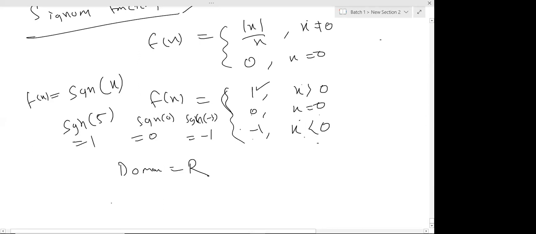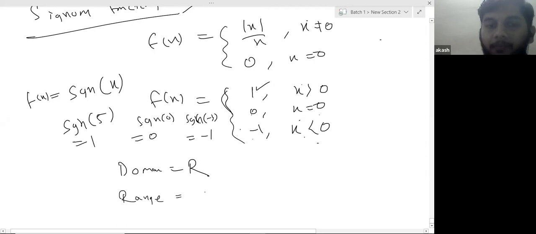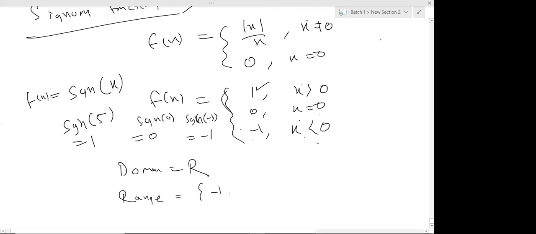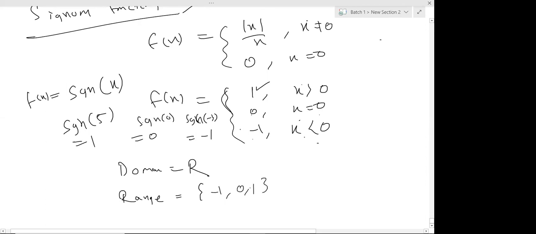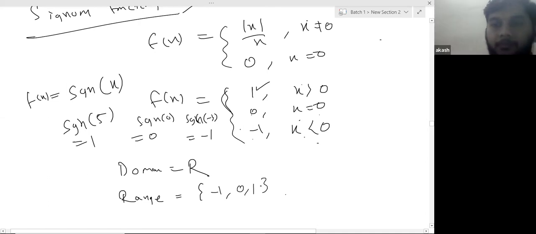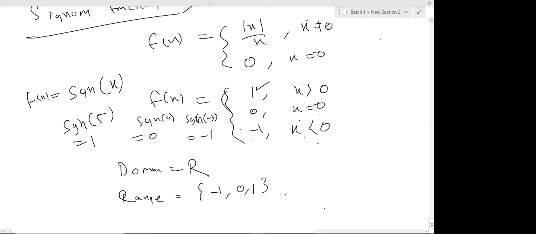So domain is R, range is not minus 1 to 1, just minus 1, 0, and 1. Clear, Irfan? The graph is very easy here.